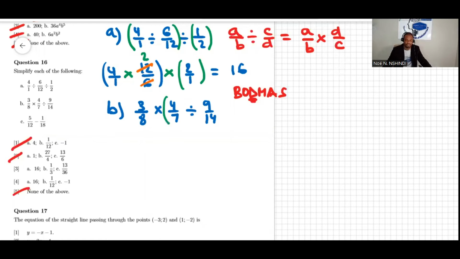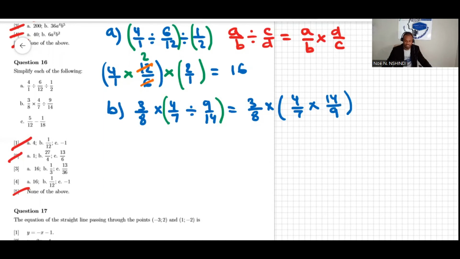I'm going to put brackets over here, and this will be 3/8 multiplied by what is in the bracket. The division sign is changed to multiplication, so that makes 4/7 multiplied by 14/9, and then we close the bracket.